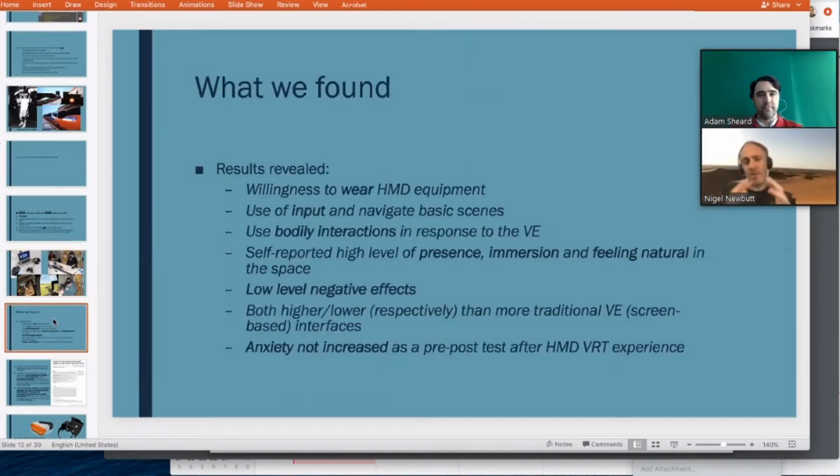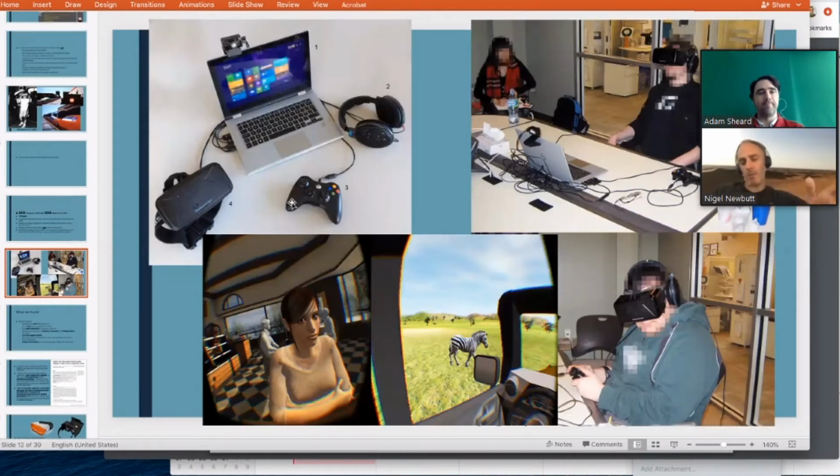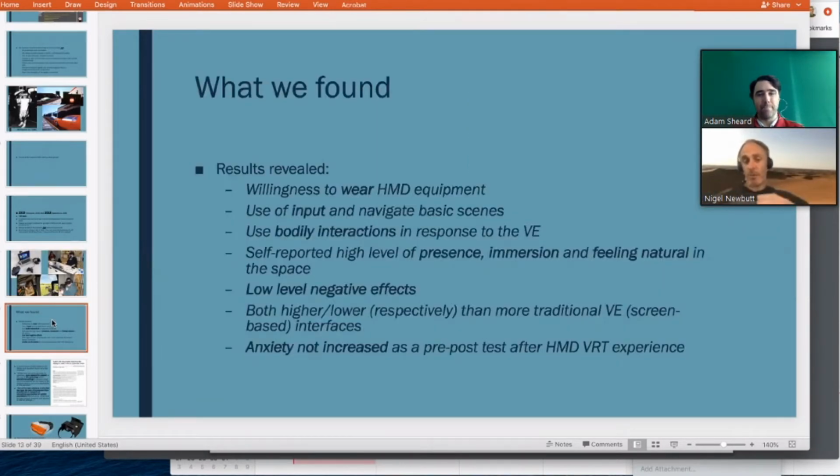And sort of as a headline, what we found was that there was willingness to wear the head-mounted display equipment. There was an ability to input in a basic navigational context, and as you can see in this picture here, it was an Xbox 360 controller that they were used to navigate the space, and we found that they were able to do that.